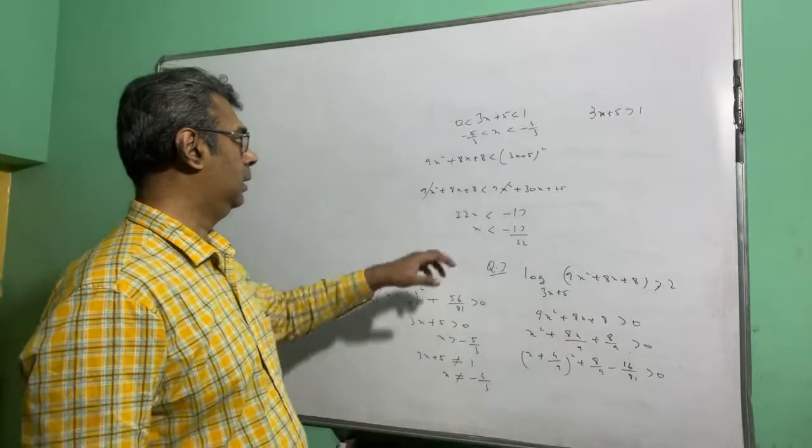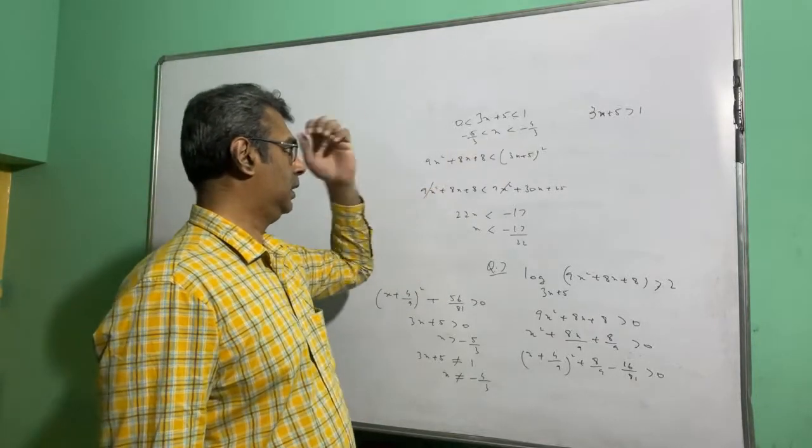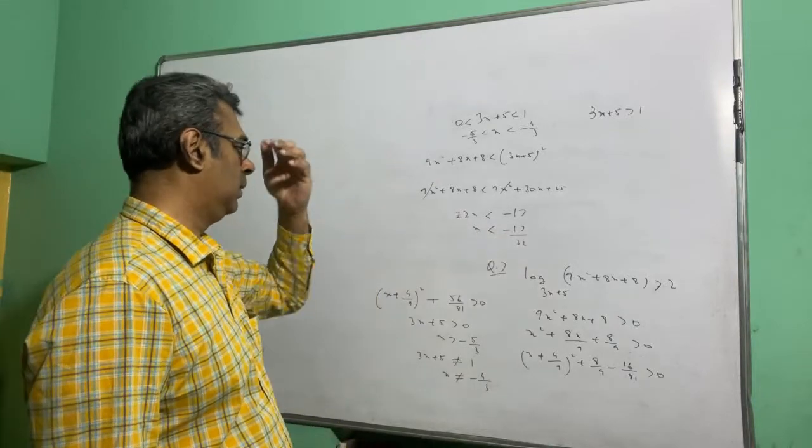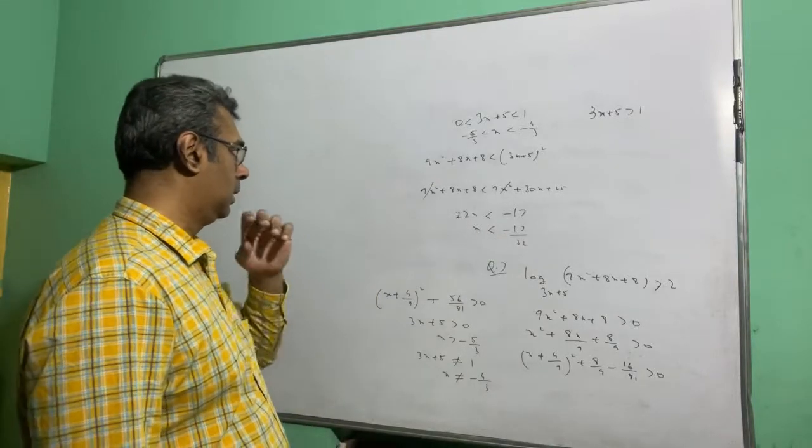So we are getting x lies between minus 5 by 3 and minus 4 by 3, and we are getting x less than minus 17 by 22.